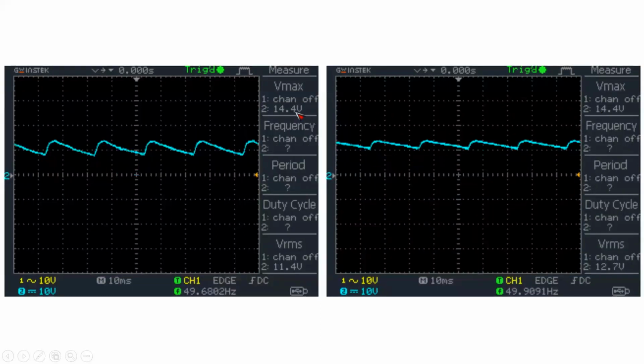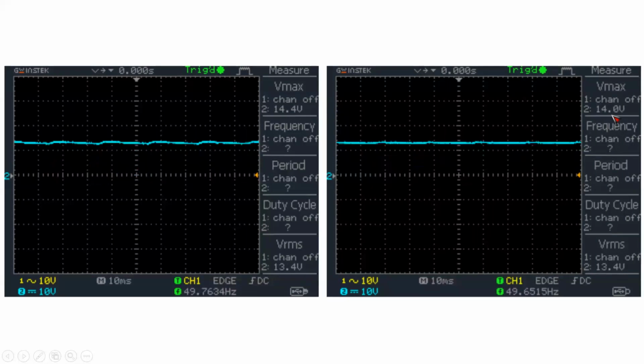For these it is 14.4, and for 100, it is also 14.4. But whenever we use more than 100, that means 220, it becomes flatter, but the voltage reduces to 14.0. That's why we should not use more than 100. Anything around 100 is enough. Understood?